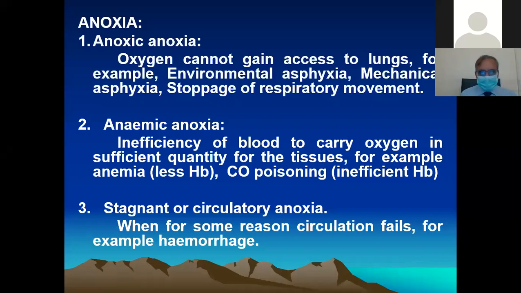Anemic anoxia is inefficiency of blood to carry the oxygen in sufficient quantity for the tissues, for example, anemia or carbon monoxide poisoning. In anemia, the amount of hemoglobin is less; in carbon monoxide poisoning, the carboxyhemoglobin is inefficient to carry the oxygen. The third one is stagnant or circulatory anoxia, when for some reason circulation fails, for example, hemorrhage.